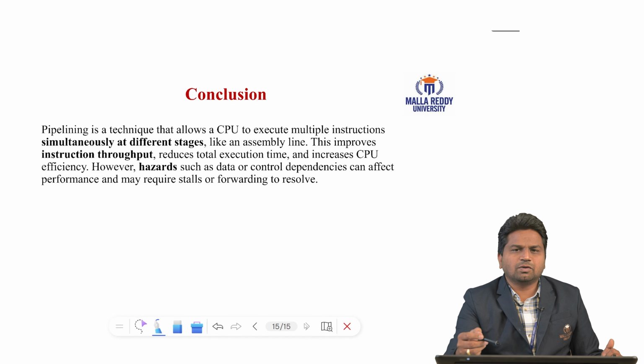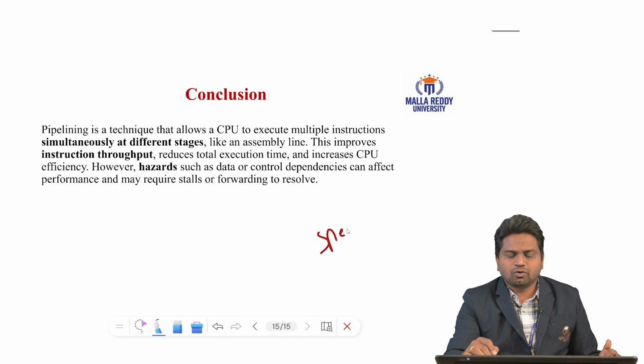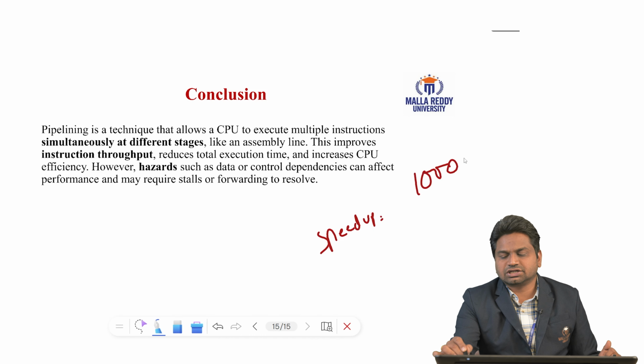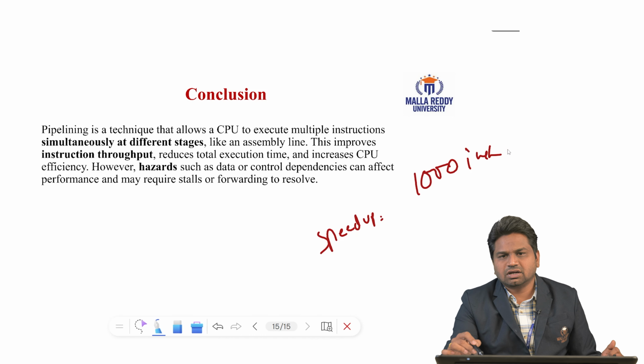For the speedup, I am going to tell you one more example. Suppose we have 1000 instructions. In non-pipelining, with 4 stages, it takes 4000 clock cycles.